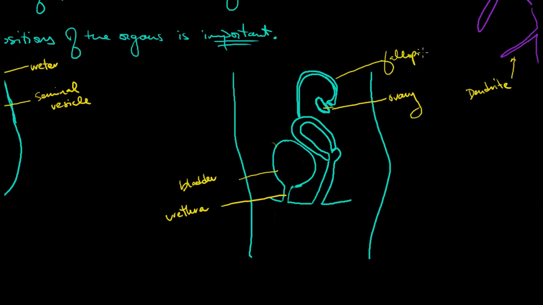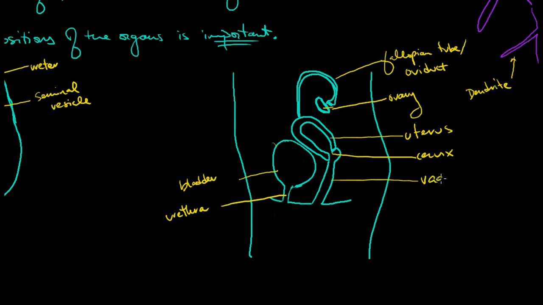This is the fallopian tube, also known as the oviduct. This is the uterus, the cervix, and the vagina.